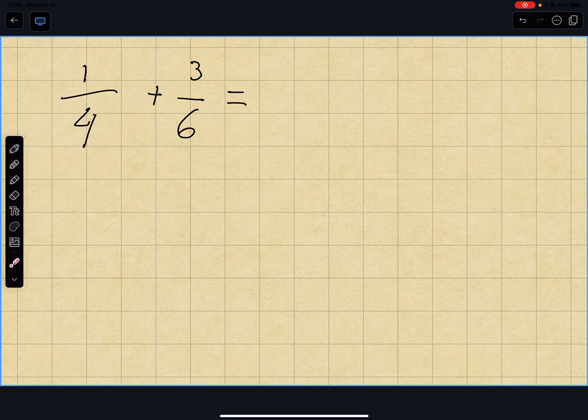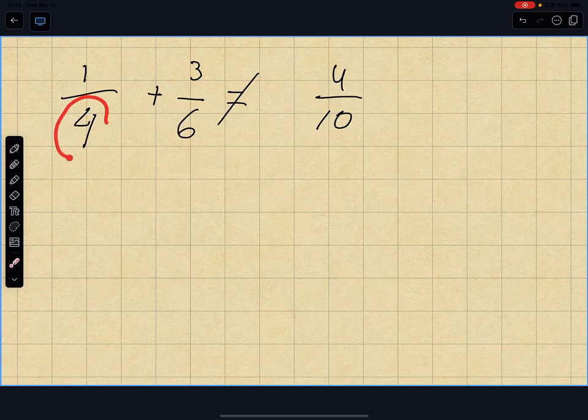That is unfortunately not possible. So the answer to this question is not 4/10. That is not the answer. Why is it not the answer?